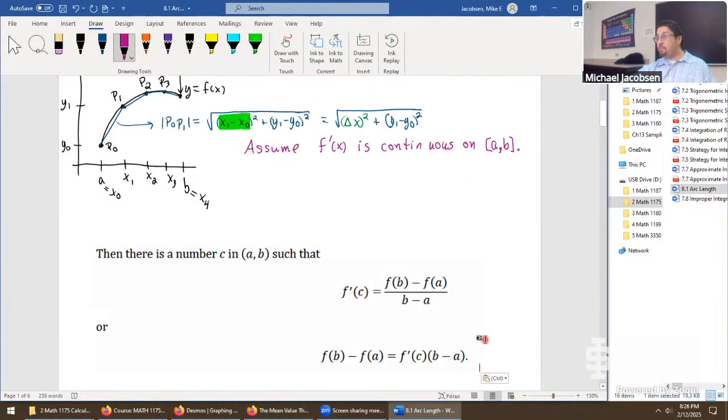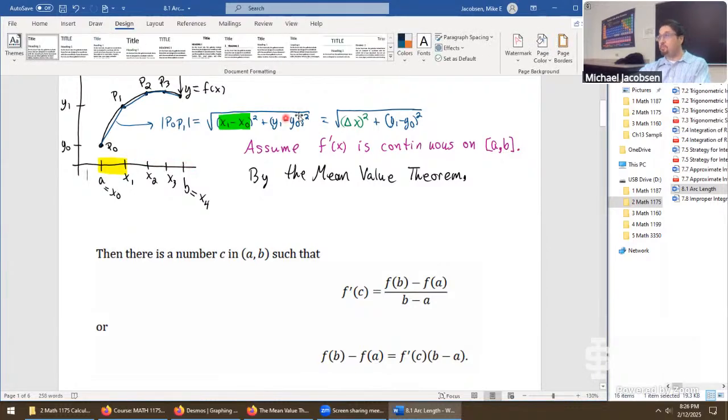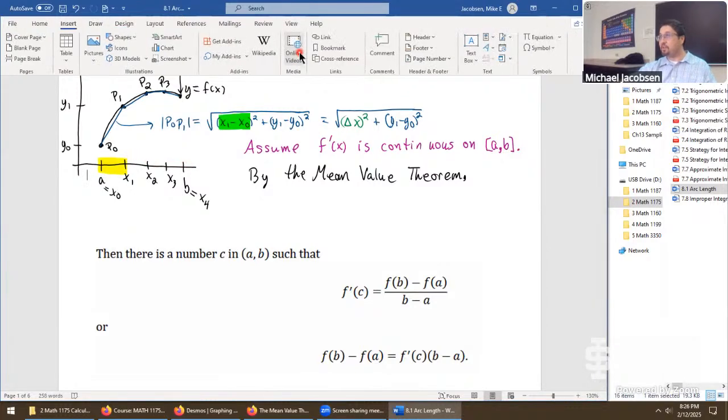So this is the conclusion of the mean value theorem, and we can now say by the mean value theorem, we're doing the mean value theorem only relative on that one little interval. Well, it's going to be applied to every single one of them, but we're just showing how one of them is going to go.